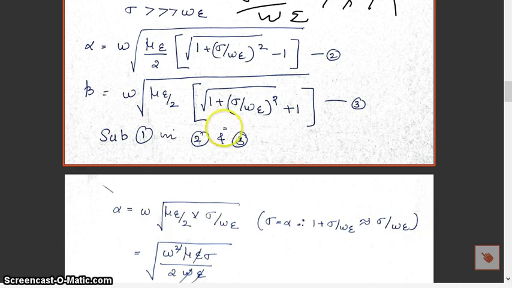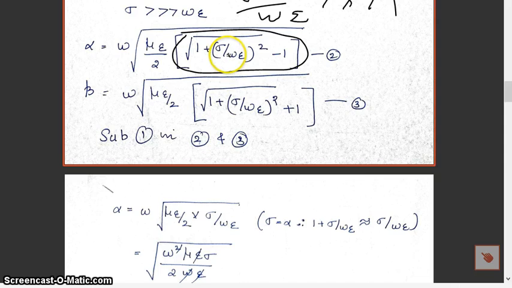Okay. This term, that is this sigma plus omega epsilon square, omega epsilon the whole square will be a large term. So 1 plus sigma plus omega epsilon will be nearly equal to sigma by omega epsilon. So this entire term which is inside the bracket can be written as simply sigma by omega epsilon, because 1 plus sigma plus omega epsilon is nearly equal to what?